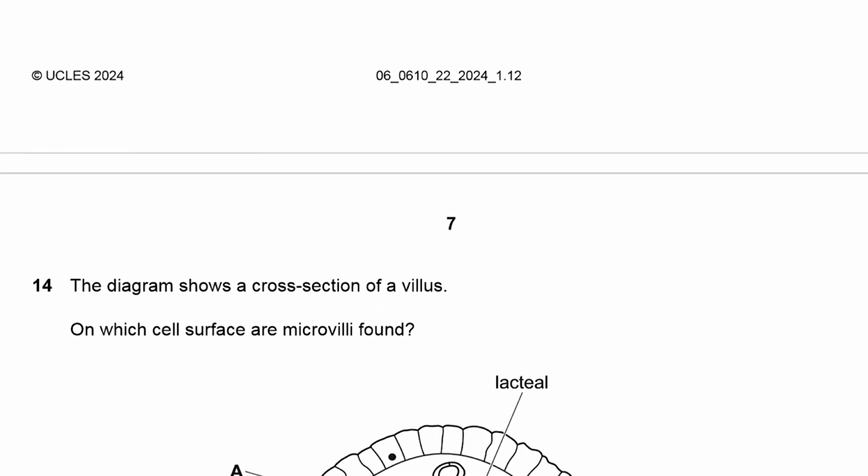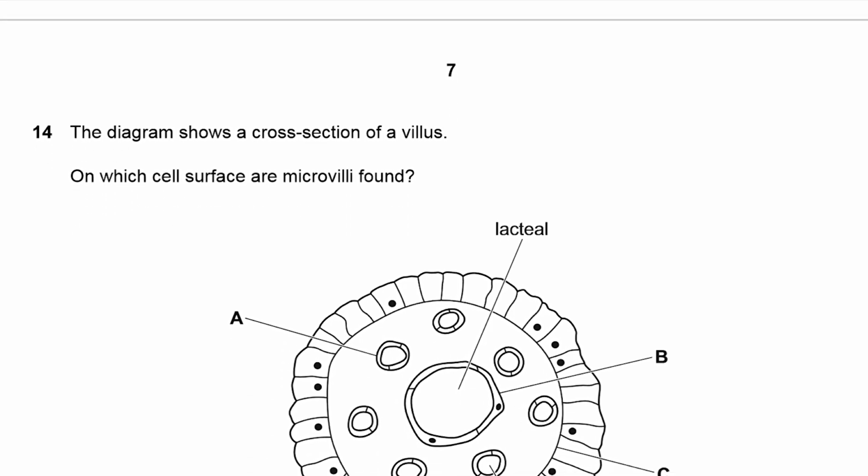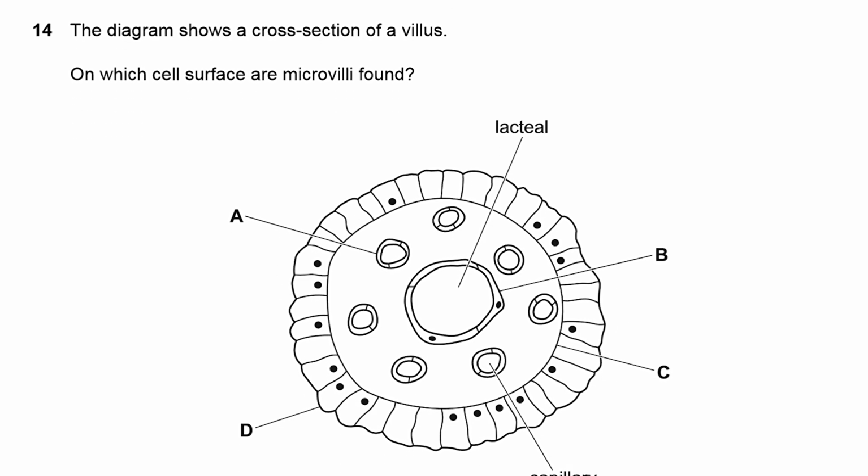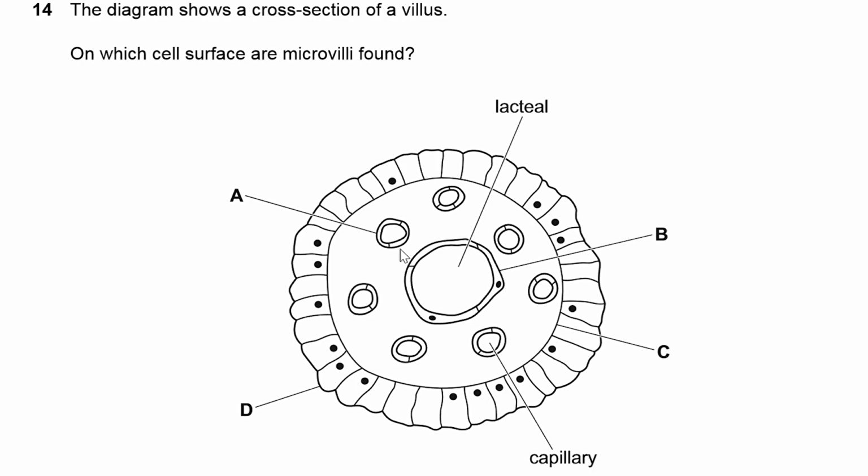Okay, number 14 says, the diagram shows a cross-section of a villus. On which cell surface are microvilli found? Now, where do you find microvilli? When you look at the diagram here, you have part A, the lacteal. You have part B, which is like the cell membrane along the lacteal. You have part C, the capillary over here.